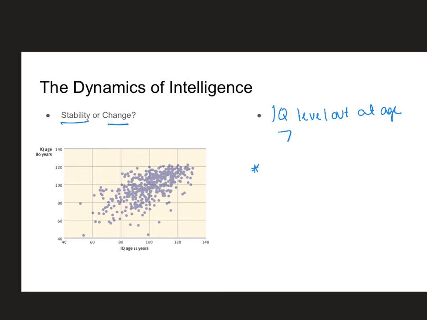Another interesting fact that they had found is that for an aptitude test, now remember, this is predicting how well you're going to do, there is a strong stability correlation.